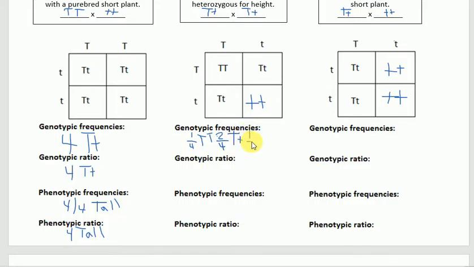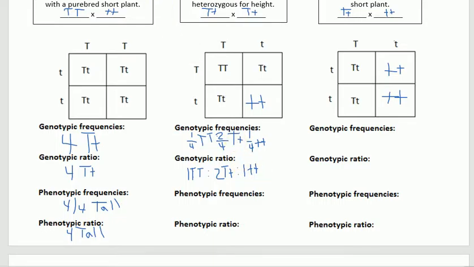And then I've got 1 out of 4 that is little t, little t. So the ratio, it's the same thing, but you're going to do 1 capital T, capital T to 2 big T, little t, to 1 little t, little t.